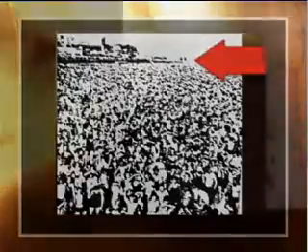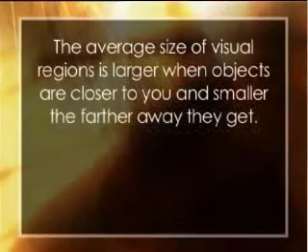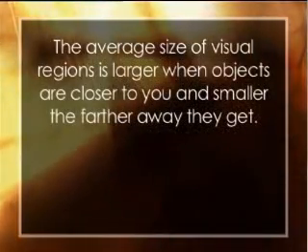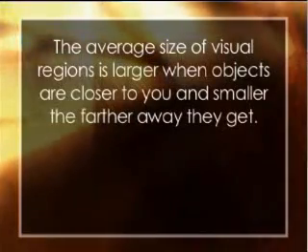And all other things being equal, this is a general rule about the nature of our visual world. The average size of visual regions is larger closer up, and smaller further away.